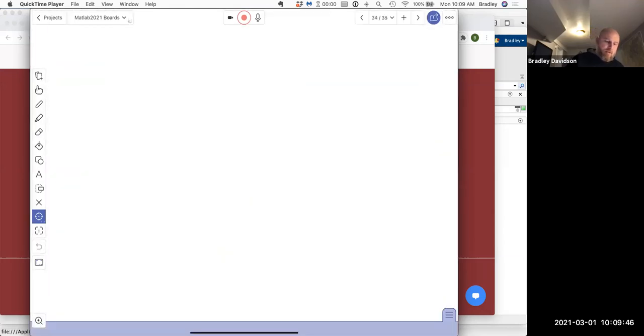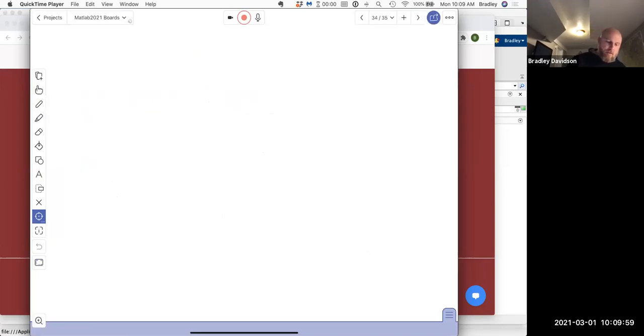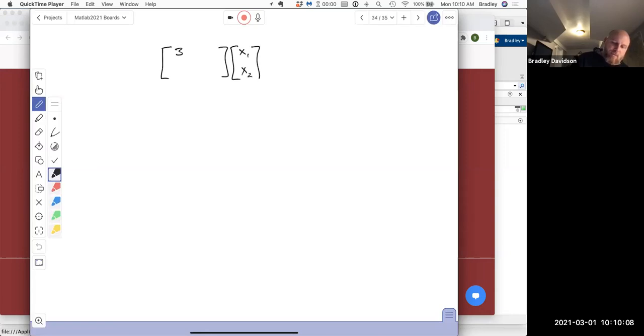Okay, so let's do that for our small system that we just had. For that system, it was 3x1 plus 2x2 is equal to 18, and negative x1 plus 2x2 is equal to 2. Writing that into matrix form, we have x1, x2 equal to 18 and 2, with the matrix 3, 2, negative 1, 2.